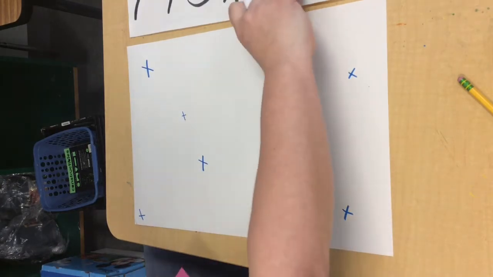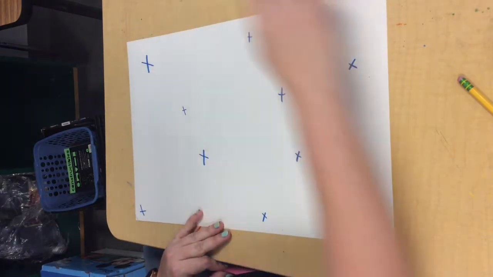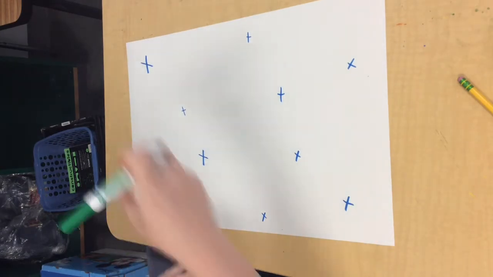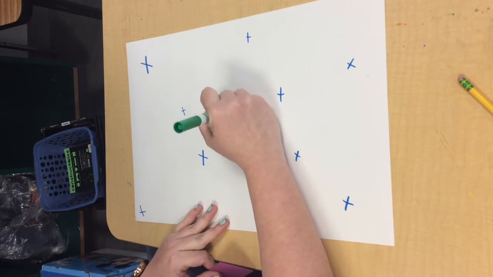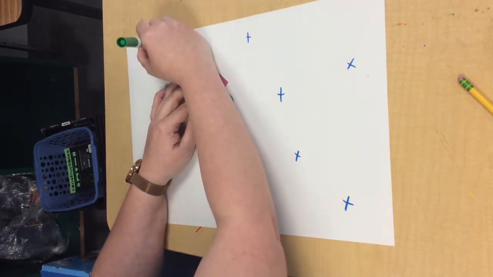Let's pick a new shape and a new color. Let's do a spiral. I'm going to do that spiral in green. You can start it anywhere on your paper. Cool. Let's use our measuring paper.